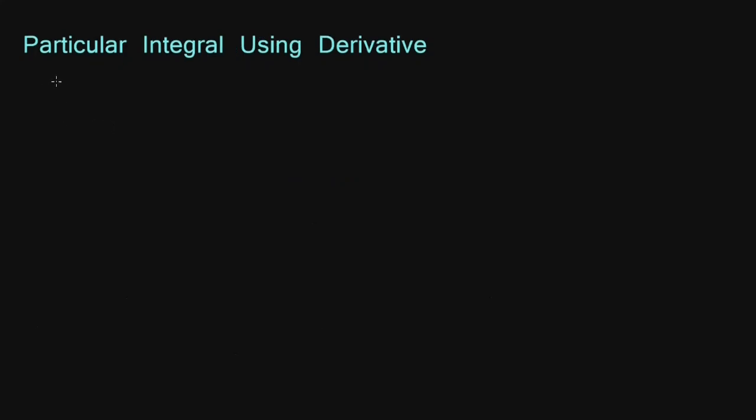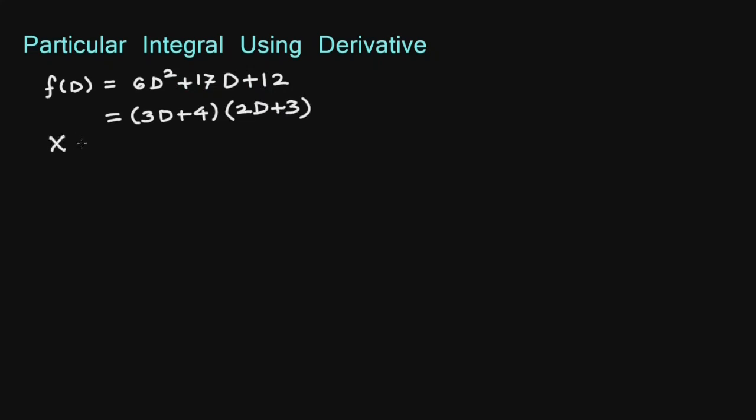Suppose we have f(D) equals 6D square plus 17D plus 12, which is (3D plus 4) into (2D plus 3), and the function on the right hand side X is e raised to minus 3x upon 2, which is e raised to minus 3 upon 2 x.